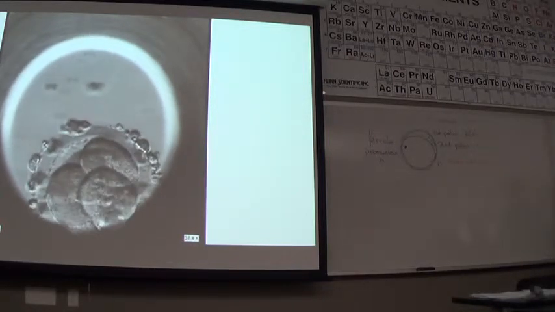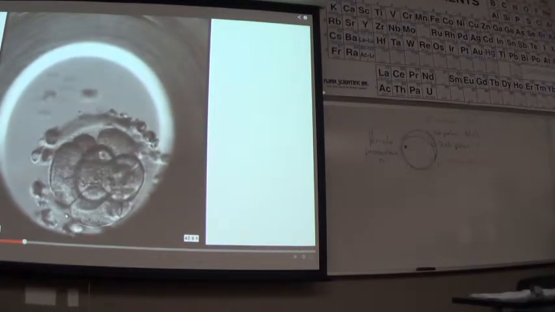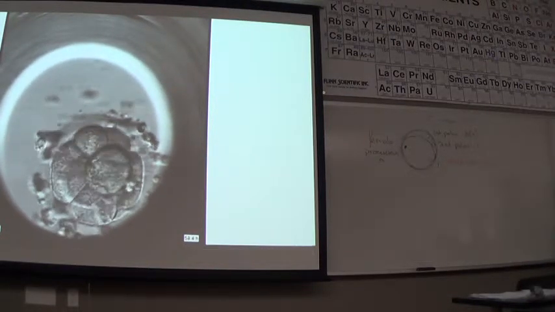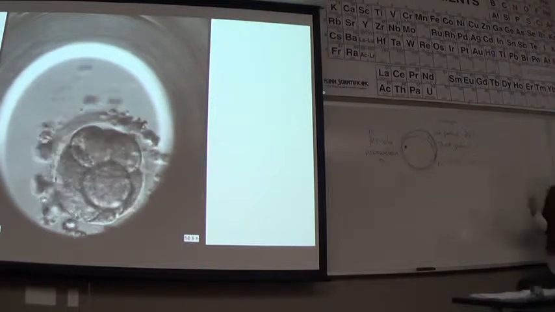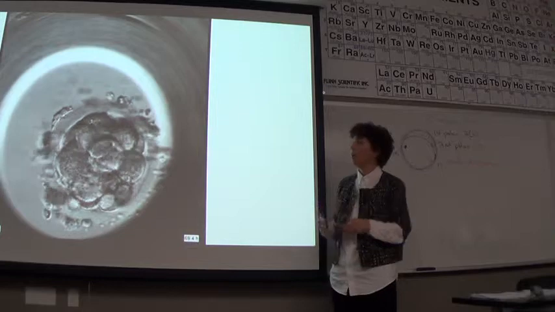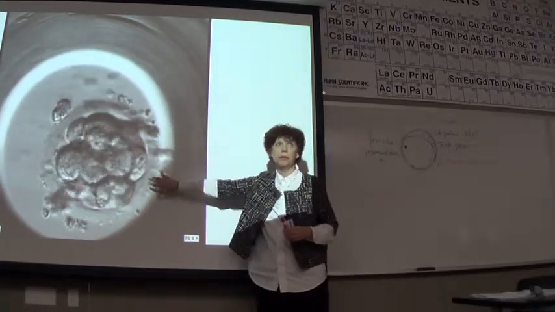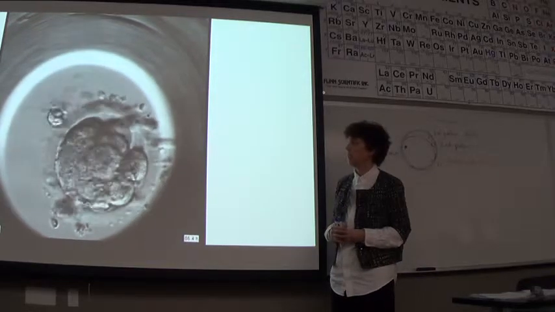You can see that the zona pellucida right here is thickened. And we're going through all the various cells. So this is what's happening in the formation now of the morula, all right? So when we've got more than 100 cells that are very small in size, you can see that the zona pellucida is still in place, and we're forming the morula.